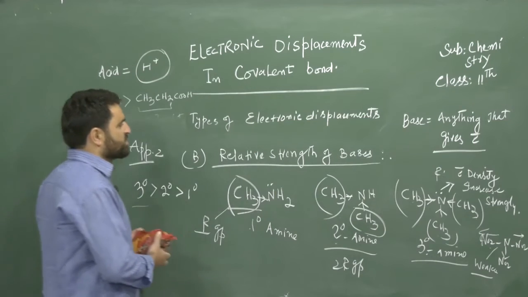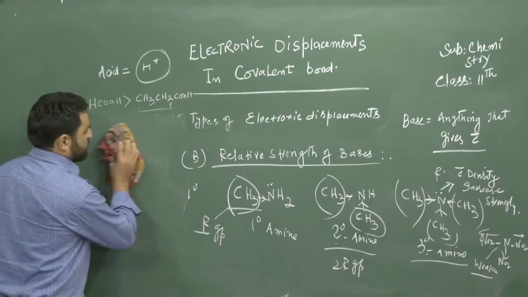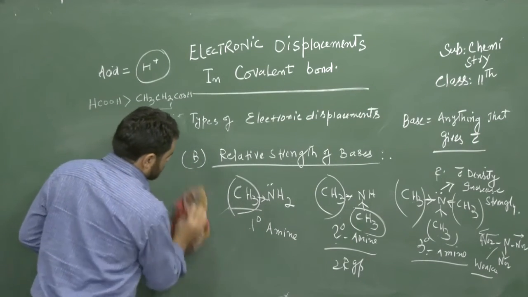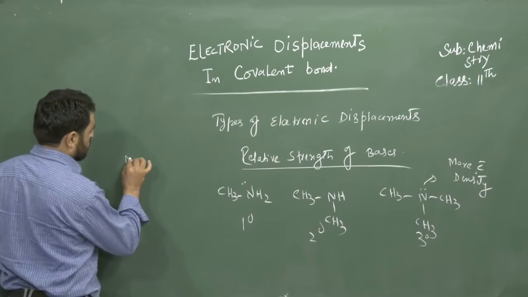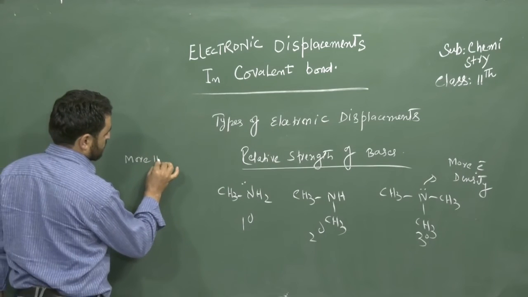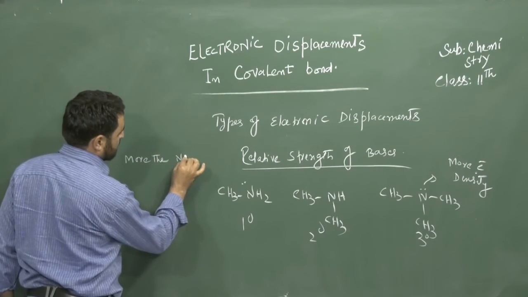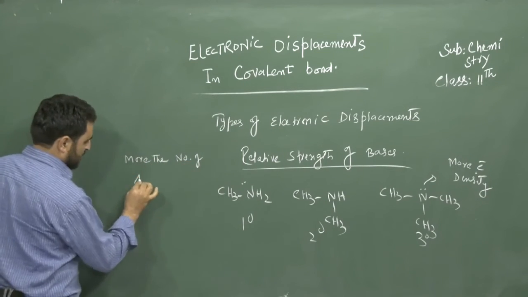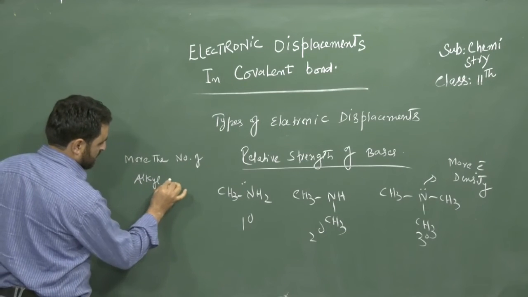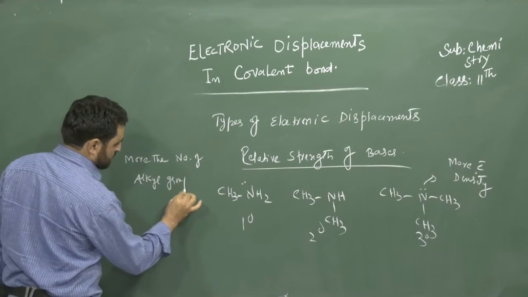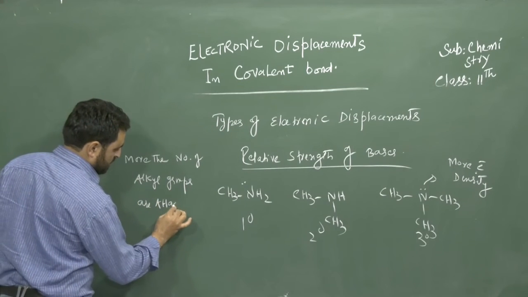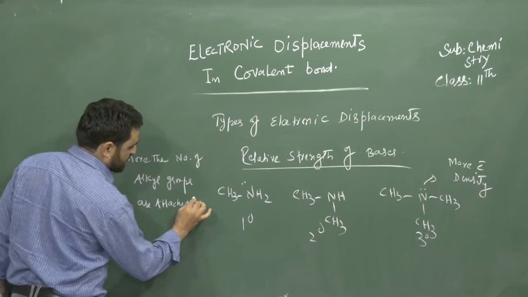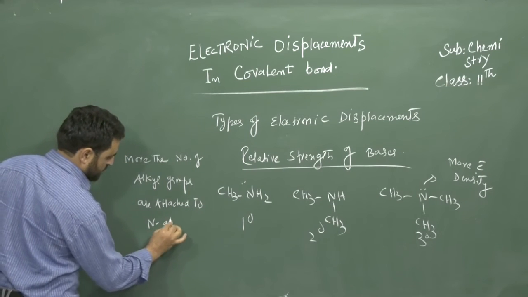So I will write the statement like this, to memorize the concept: the more the number of alkyl groups attached to the nitrogen atom, the higher is the basicity.